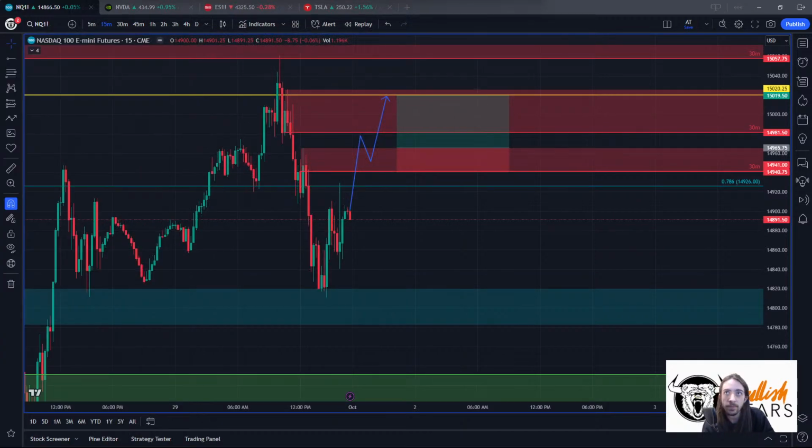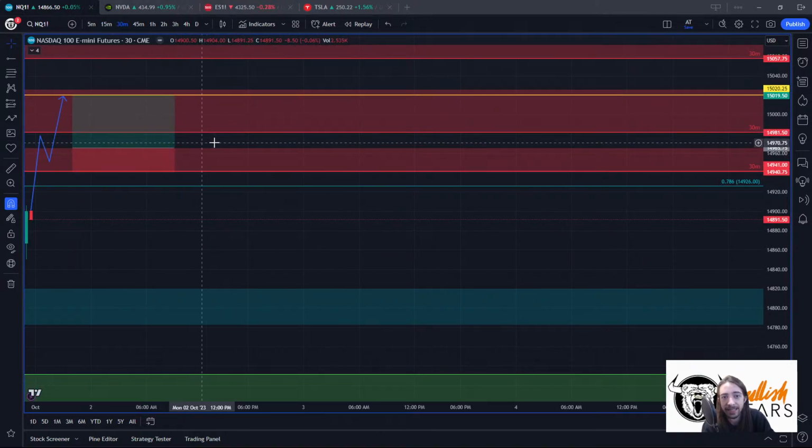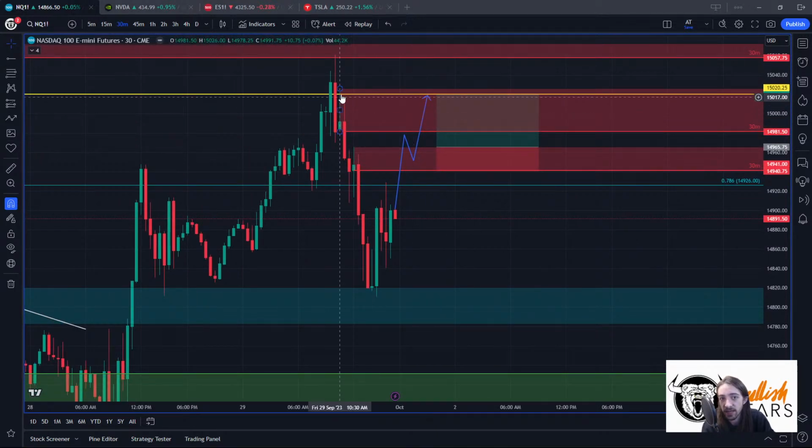Let's see. So yeah, supply and demand is a great addition to support and resistance. Supply and demand is a fantastic strategy because it really helps you to know where is the selling pressure, where is the buying pressure. What creates these zones is that we had all these buyers stuck and we had the selling pressure push us lower with strength.